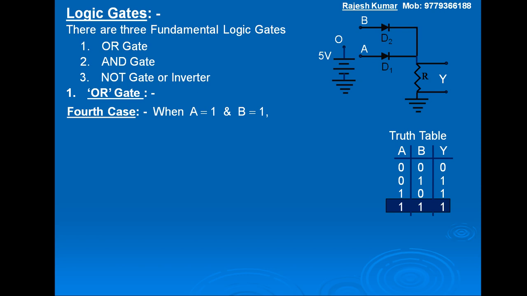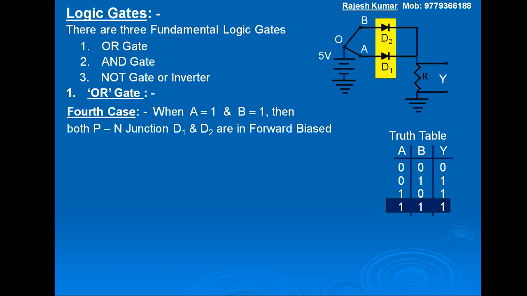Then both PN junctions D1 and D2 are in forward bias. For this, connect O to B and O to A. A and B are at high potential.